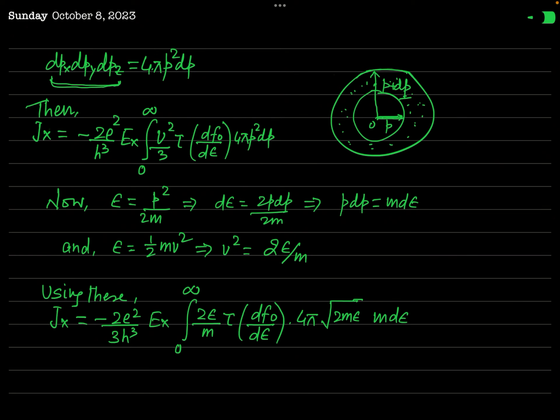So the radius is equal to p, and the volume of this shaded region will be 4 pi p squared dp. This is simply the differential of 4 by 3 pi p cube, and this differential will be 4 pi p square dp. Okay, so instead of this dpx, dpy, dpz in our calculation, we can write this 4 pi p square dp.